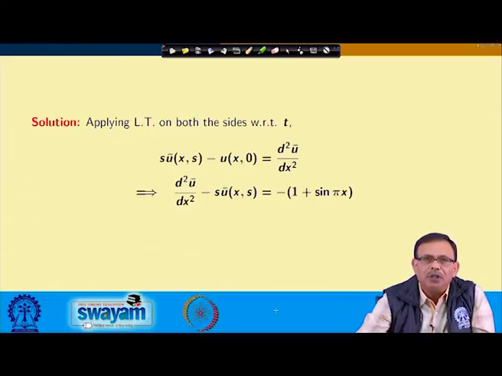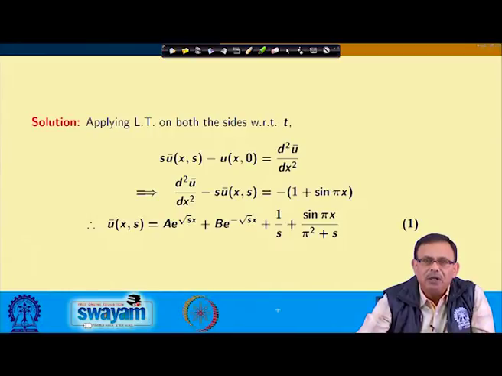By substituting that value you are obtaining this differential equation. Solution of the differential equation is given by equation 1, which has basically two parts, CF and PI part. The first two terms, a e to the power root s x plus b e to the power minus root s x, are the CF part, and the PI part is 1 by s plus sin pi x by pi square plus s.